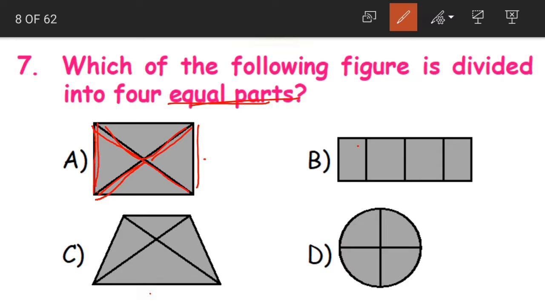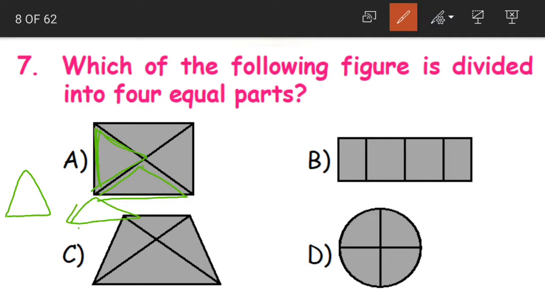Now if you look at option A, these two parts are bigger and these are a little bit smaller, children. See, if you observe carefully, this is a big triangle and this is a flat triangle. Are these two equal parts?